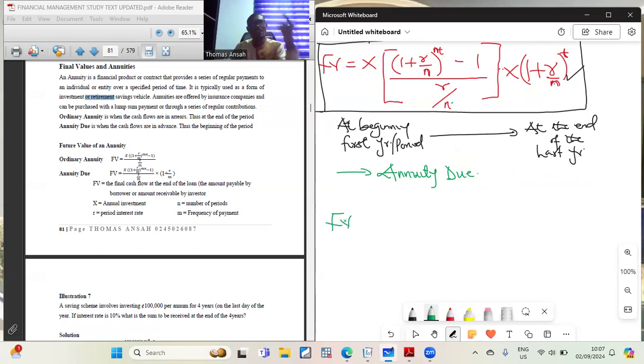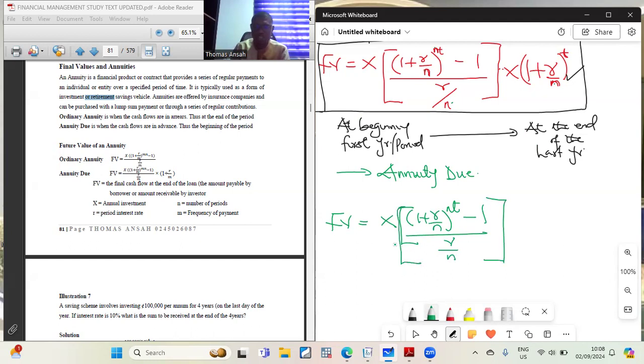So we want the final value, and here we will do the same thing: 1 plus R over N, raised to the power NT, minus 1, all over R over N, like this. All right. So what do you see?